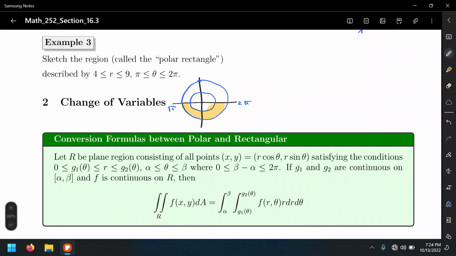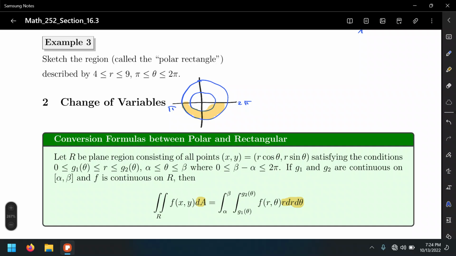Well, in the world of xy, we just looked at the change in the x direction and the change in the y direction. That dA meant dy dx or dx dy depending on the direction that we chose, whether this is vertically simple or horizontally simple. Now, this dA in the world of polar, it's going to be r dr d theta. Well, where is this coming from anyway?